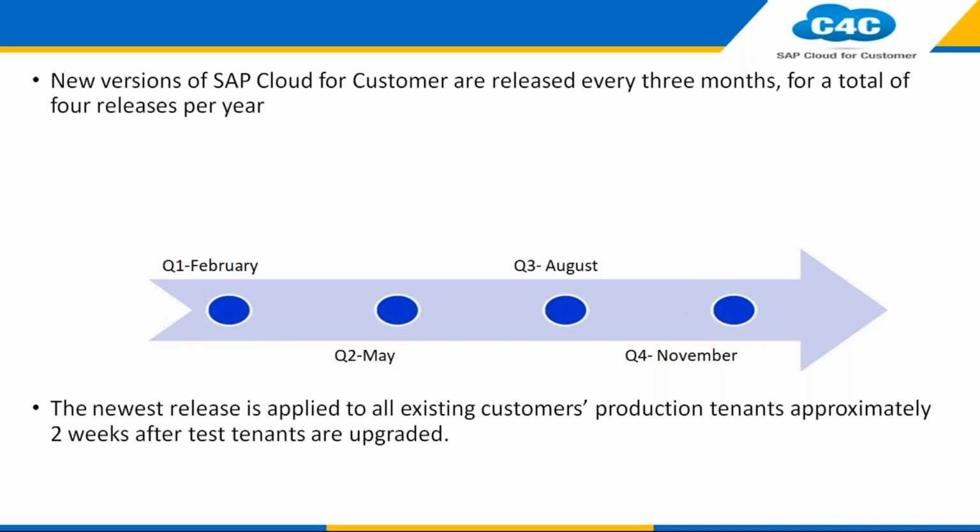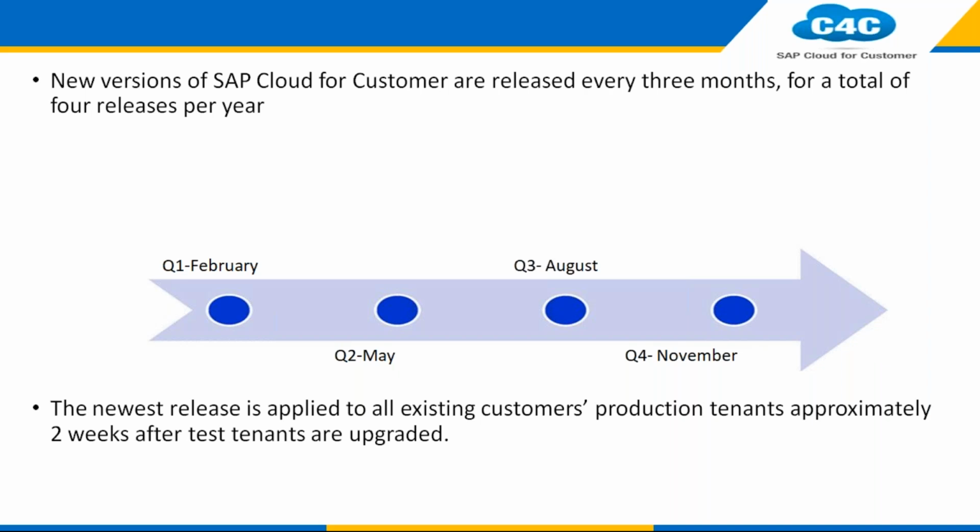During that upgrade, there will be a cutoff date, and those changes, which are still in quality or development, how will they move to production? I'll come to that part.